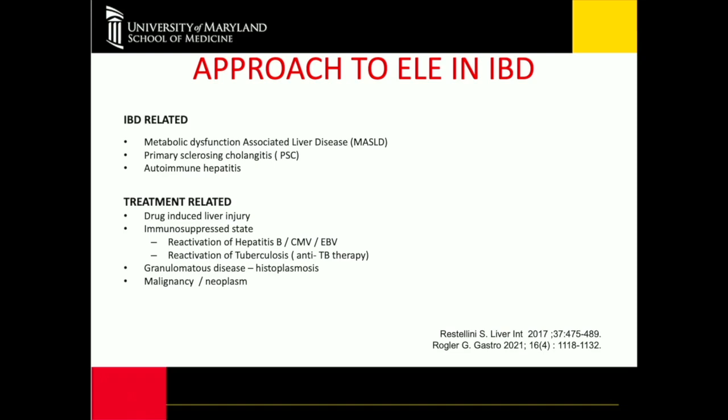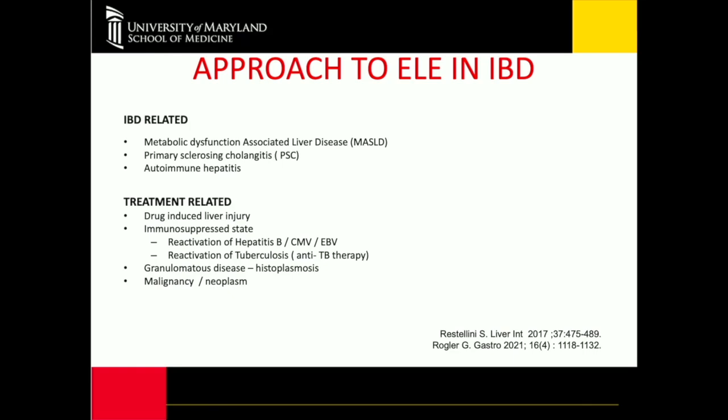So how do you approach these patients who have elevated liver enzymes against a background of IBD? The first question to ask, and this is where history taking is really important, is to figure out whether the abnormality is related to the inflammatory bowel disease itself or whether it's treatment related, because almost all of the treatments that are used for IBD do have liver side effects.